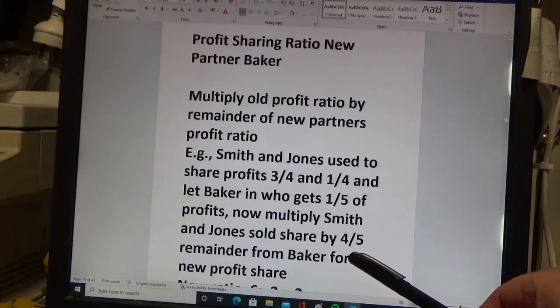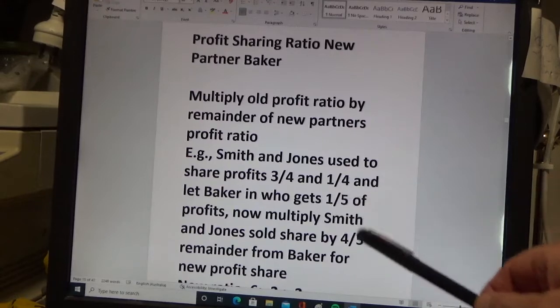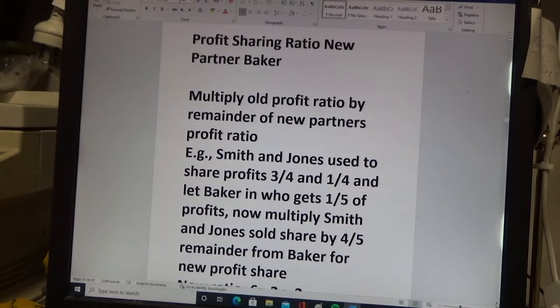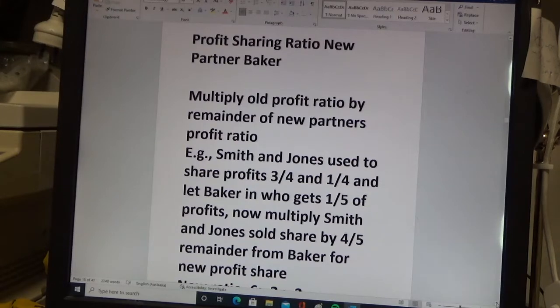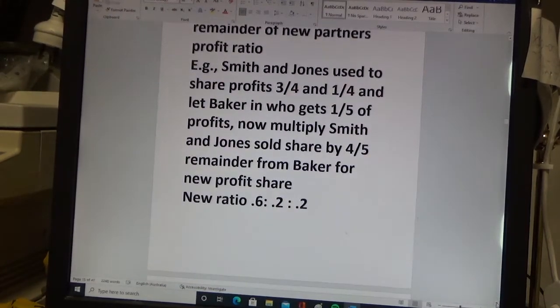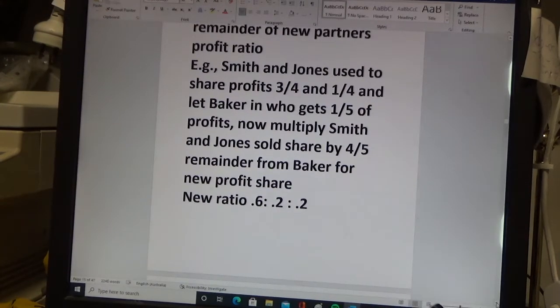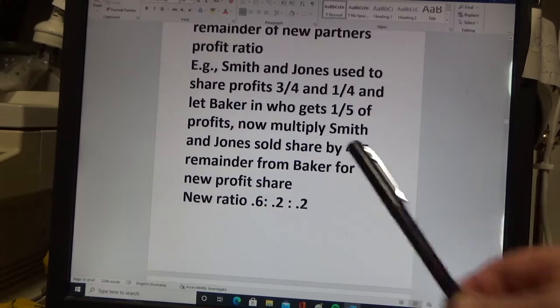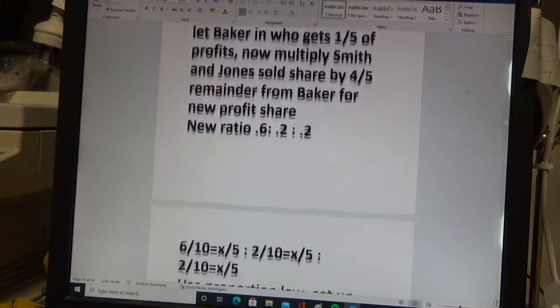So you've got to multiply 4/5 times those respective old profit ratios, and we know that Baker is 1/5. We don't have to do any calculations for him or her. So once you've done that maths, in decimal terms, the new ratio is 0.6, 0.2, 0.2, with both Jones and Baker having the same profit share and Smith getting the lion's share.